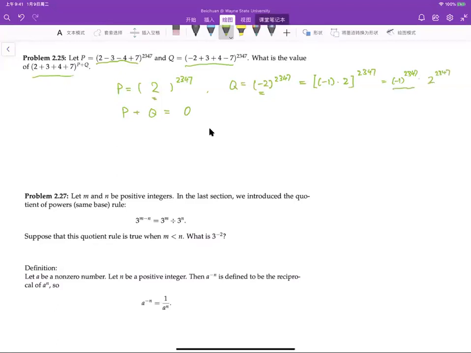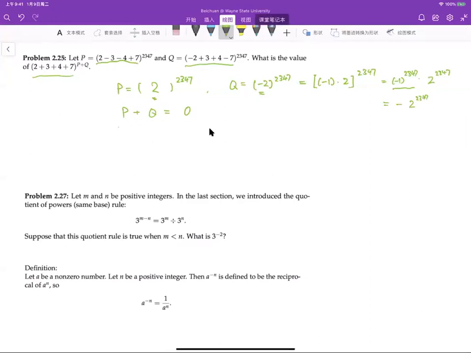This is easy to calculate, because if the base is negative 1, then when the exponent is odd, that's equal to negative 1. When the exponent is even, then it's equal to positive 1. So that's equal to negative 2 to the 2, 3, 4, 7.